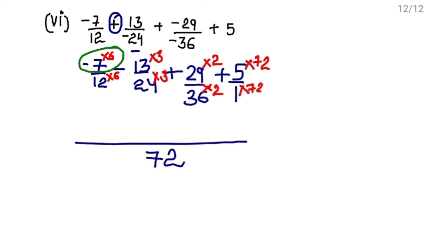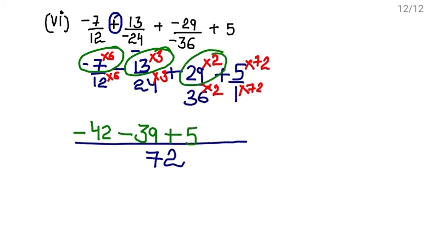Solve it. 7 sixes are 42 with a minus sign, minus 13 threes are 39, plus 29 twos are 58, plus 72 fives: 5 twos are 10, 5 sevens are 35, so 360.